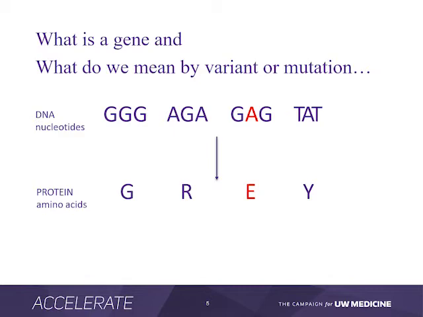If we use an English language analogy, we're very good at predicting that these two words mean the exact same thing. They're describing a color. But if we change this to a G, we've changed our amino acid to a glycine. This word is no longer a word.